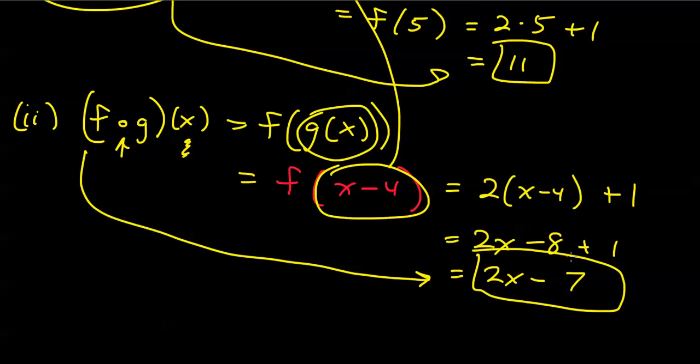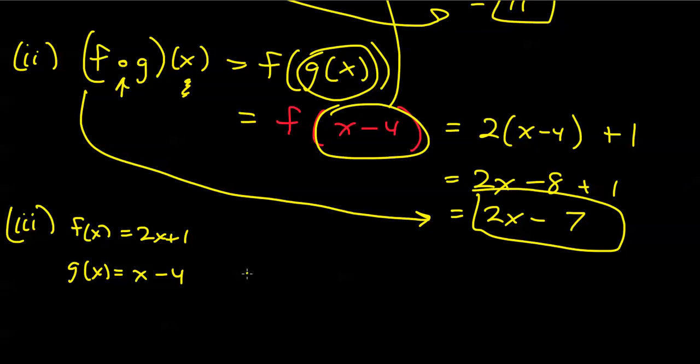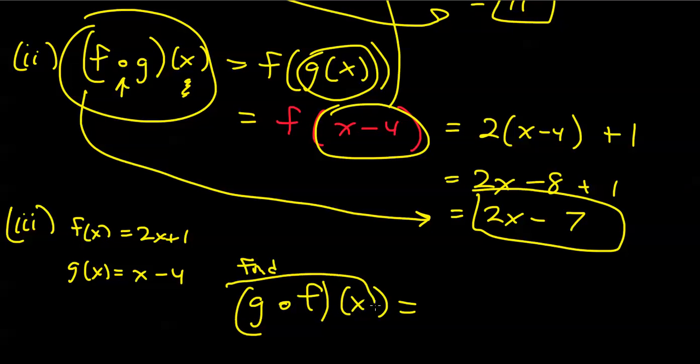Now let's try a third problem regarding these same two function assignments. They've gone up screen, so let me write them down again. F of x equals 2x plus 1. G of x equals x minus 4. And now I will ask us to find g composed with f of x. Now notice, what I've done here is reverse the order of function composition. And you'll see we get a very different answer in the end.